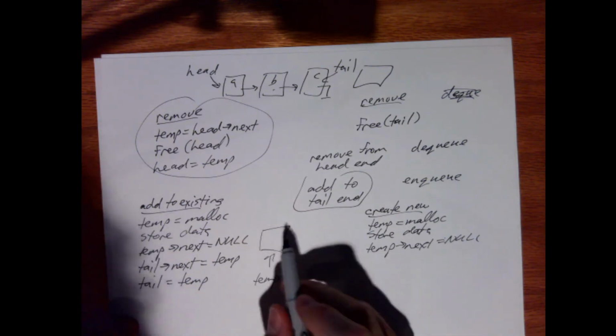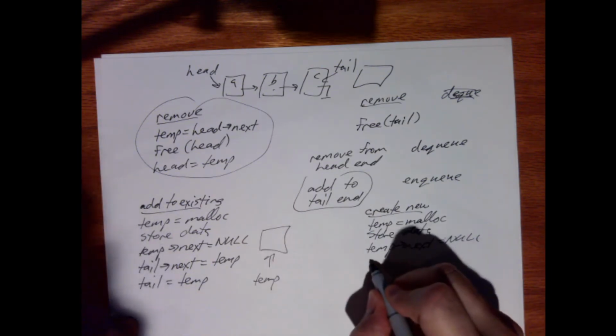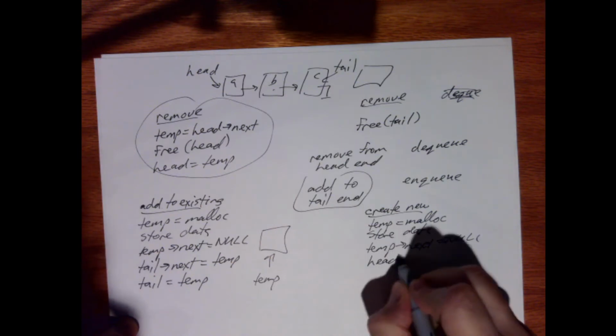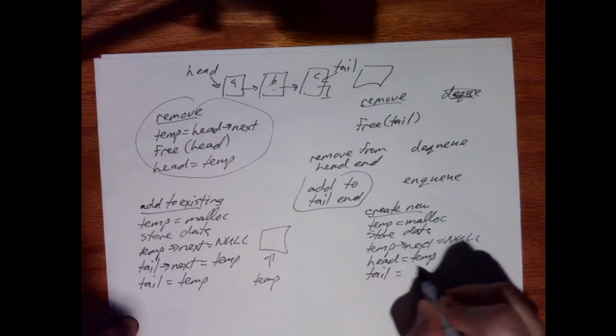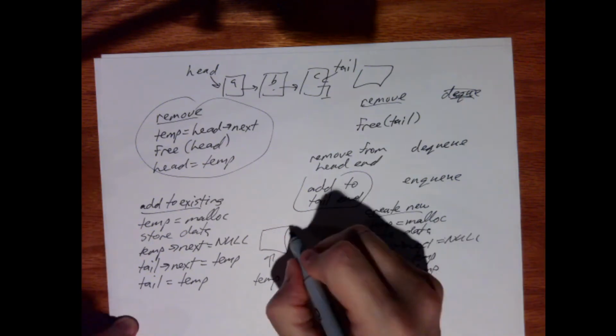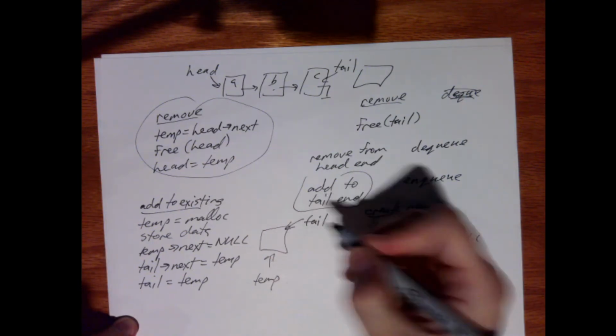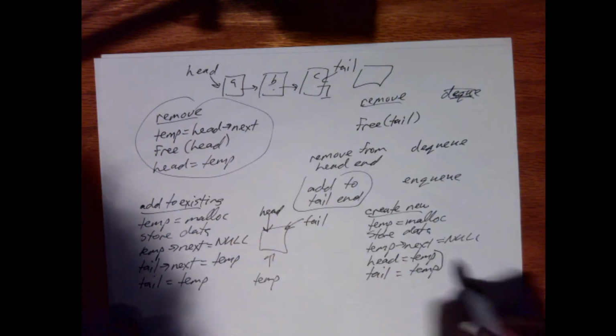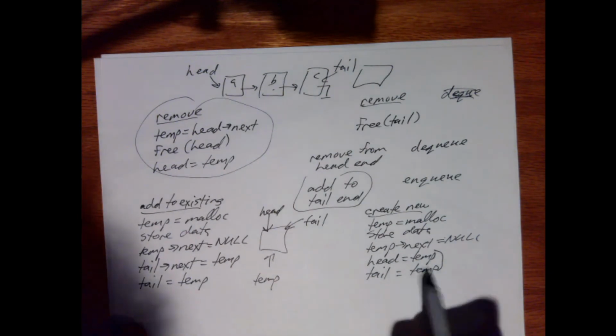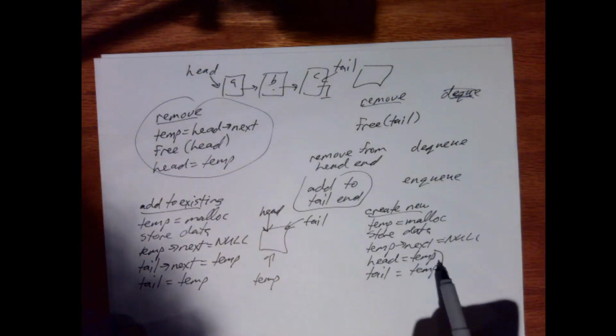All that's left is to say this is head and this is also tail. So we'll say head is equal to temp, tail is equal to temp. Now these two steps are really independent of each other, so I can do these in either order.